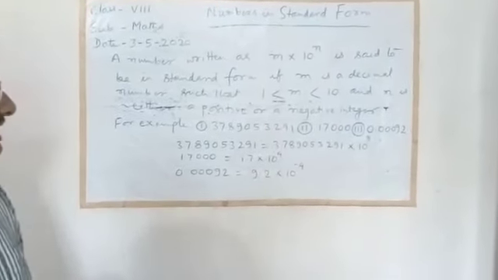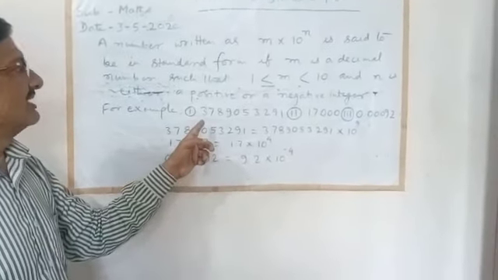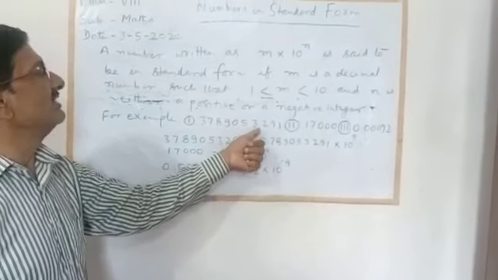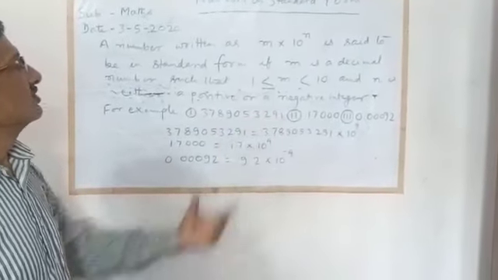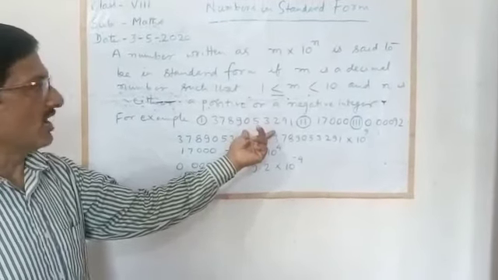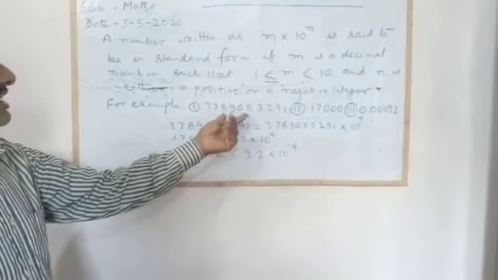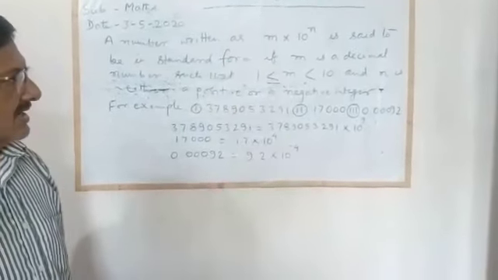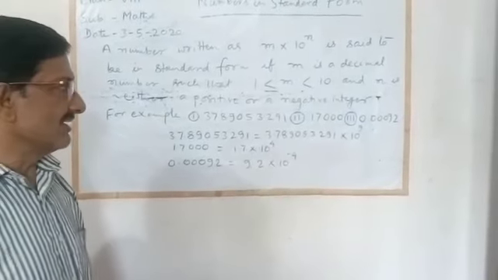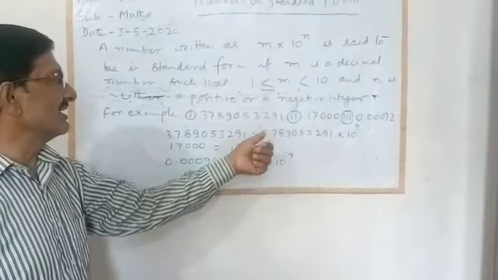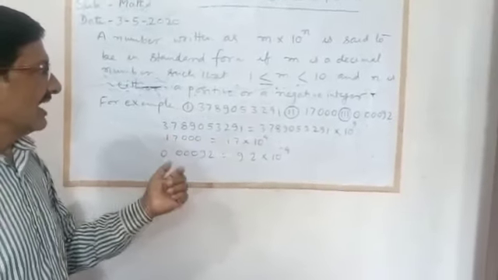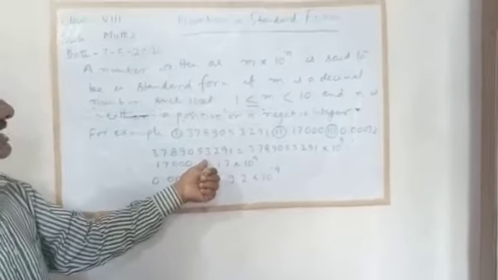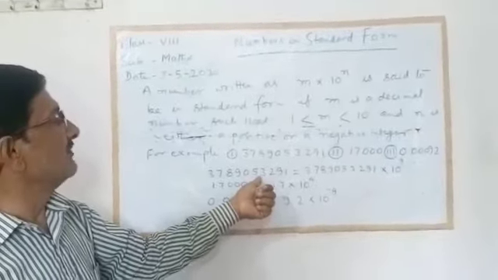For example, here we have taken one example. The number is 3789053291. So we have to write it in standard form. We have to convert it into a number m which is greater than 1 but less than 10, a decimal number.